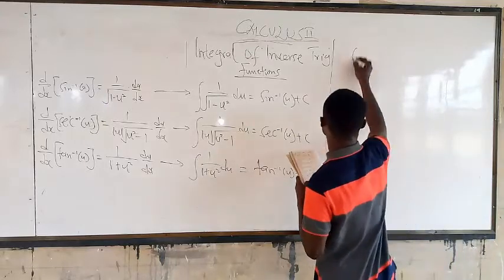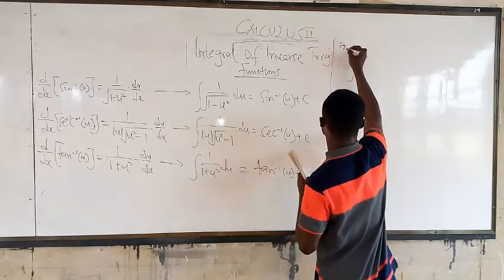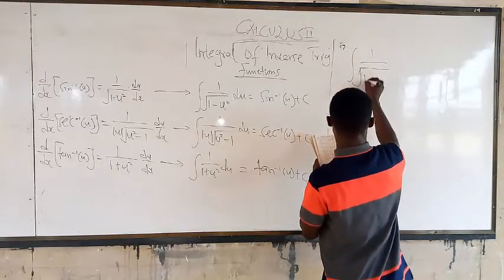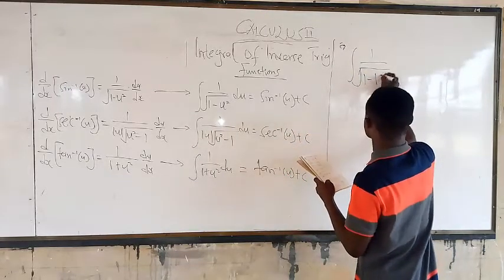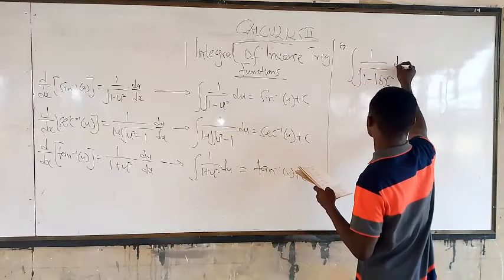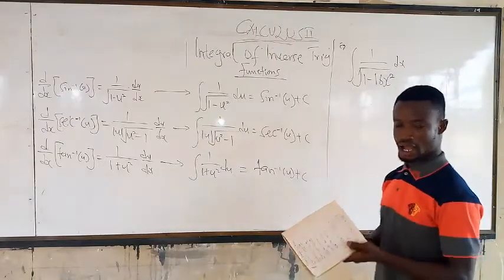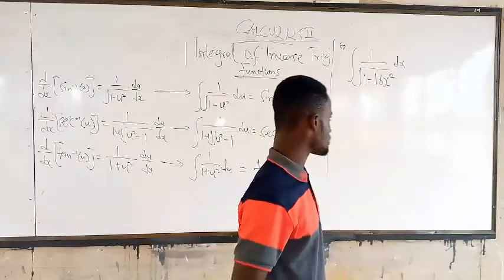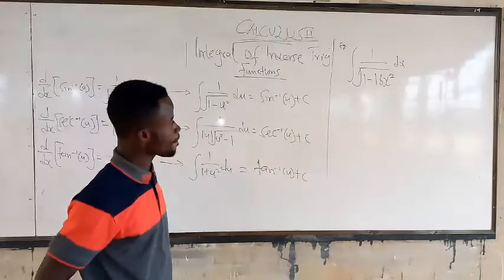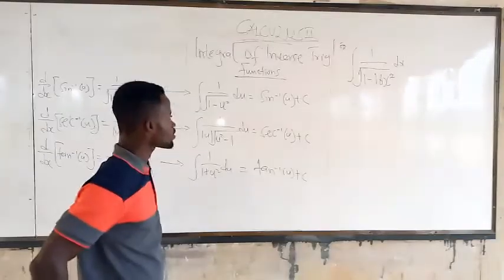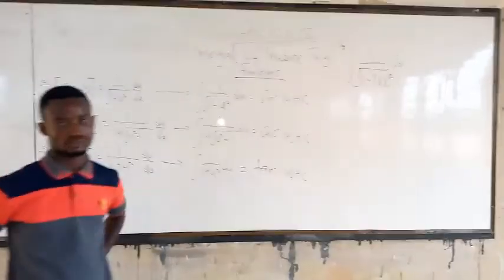So if you have the integral of 1 over the square root of 1 minus 16s squared ds, how are we going to solve that?